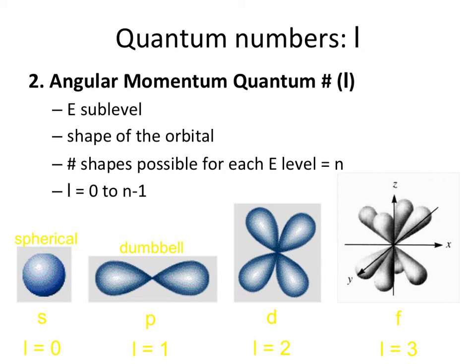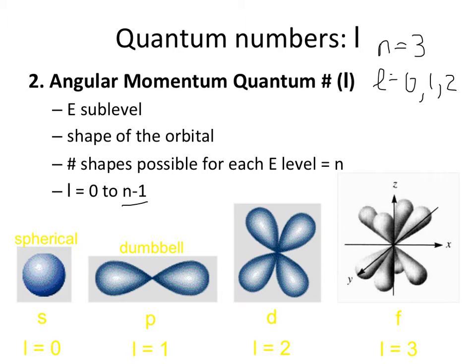So let's say that our principal quantum number, n, is going to equal 3. Our possible L values associated with n equals 3 are going to be 0, 1, and 2, because 3 minus 1 gives us 2.